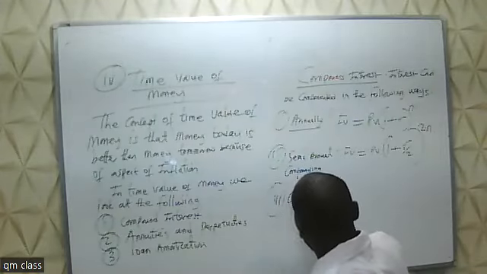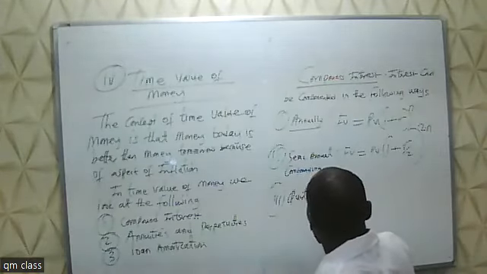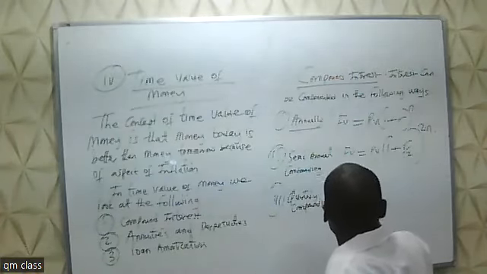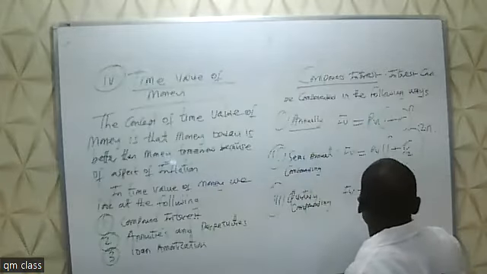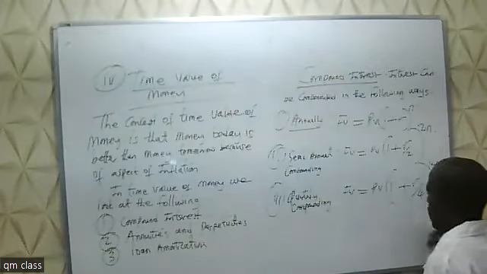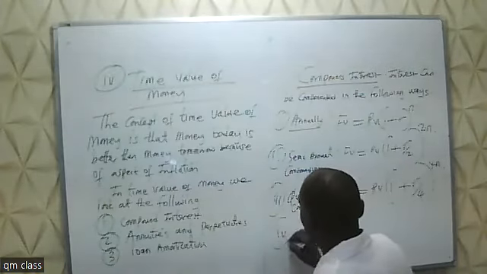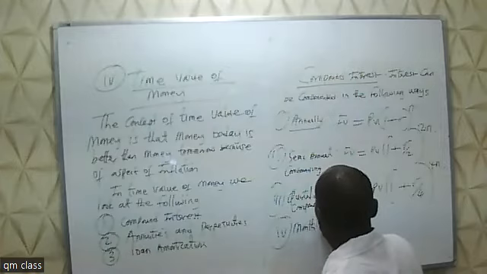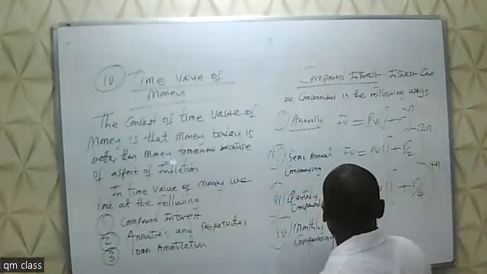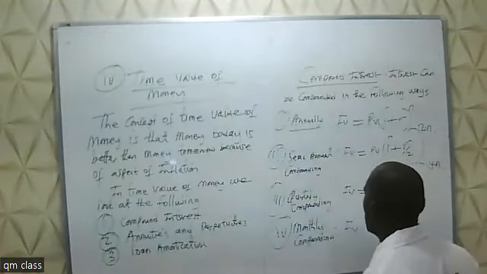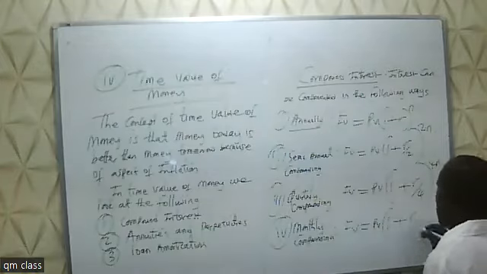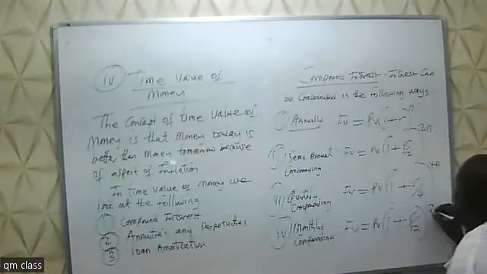We have quarterly compounding: our future value is equal to present value 1 plus r divided by 4 to the power 4n. Then the last one here, monthly compounding: our future value of a single deposit is equal to present value 1 plus r divided by 12 to the power 12n.